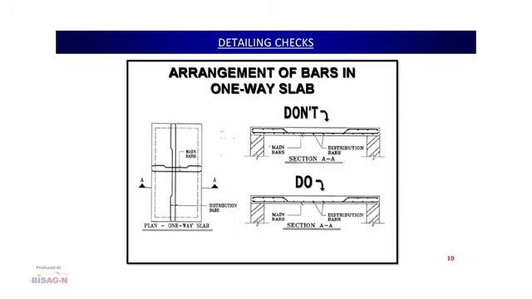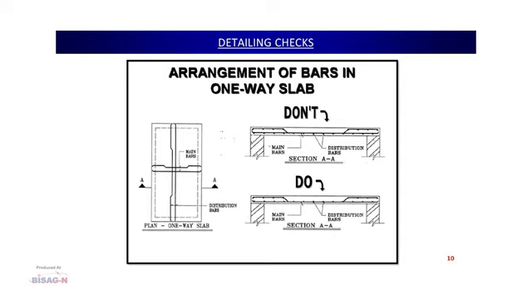Now, coming to the arrangement of bars in the one-way slab. Here we have one important aspect to see. Though we cannot find any fault in this figure, I am just showing what fault lies with the bar binder. In the one-way slab, the shorter span is the major bending direction, and the bending takes place along the shorter span.